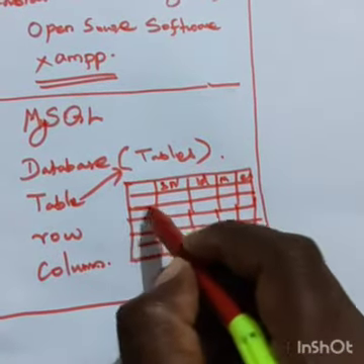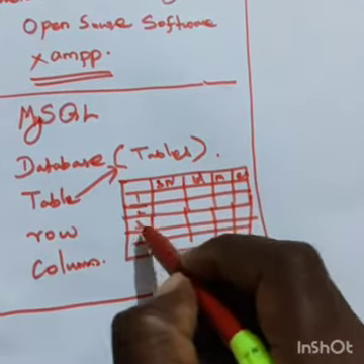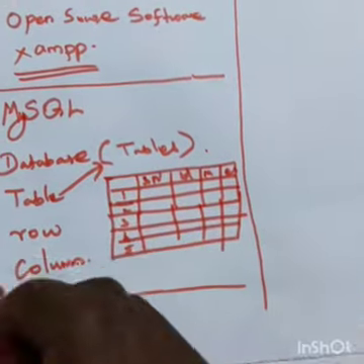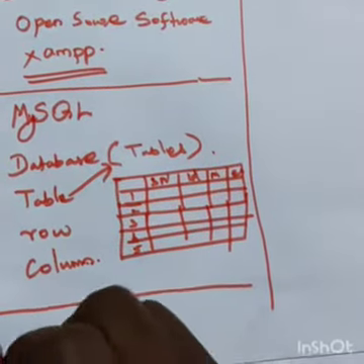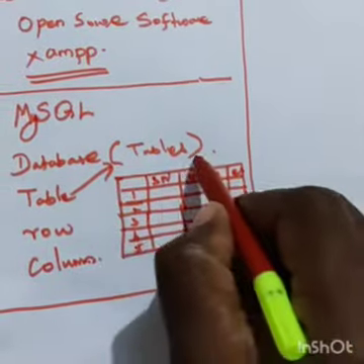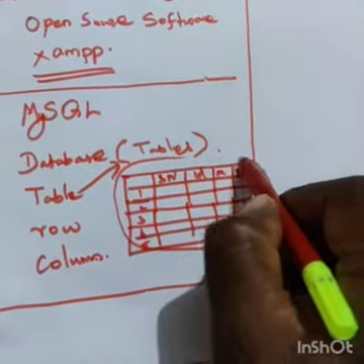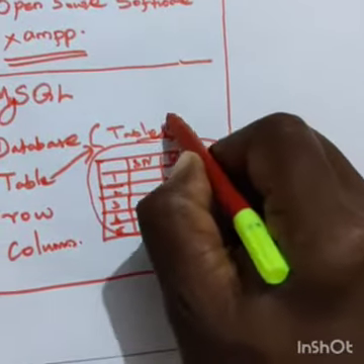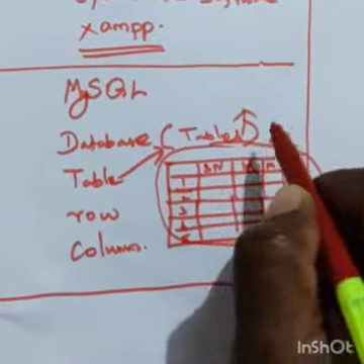Next, here 1, 2, 3, 4, 5 are records. So this is a table. The database has many tables.